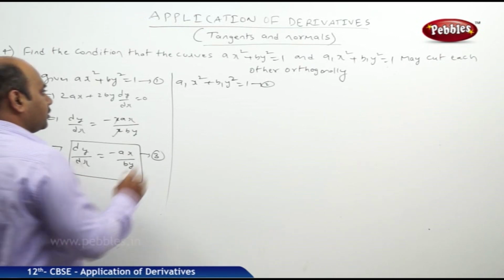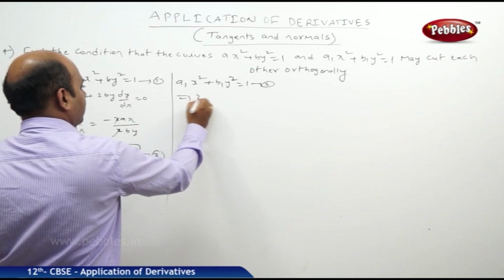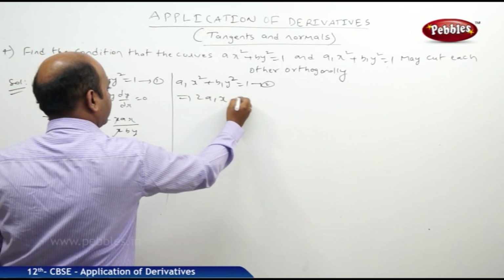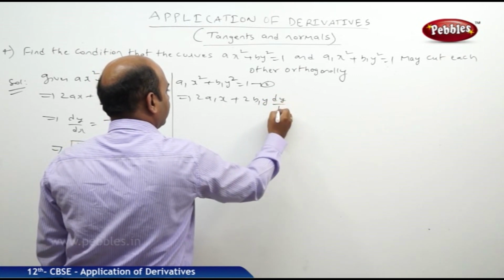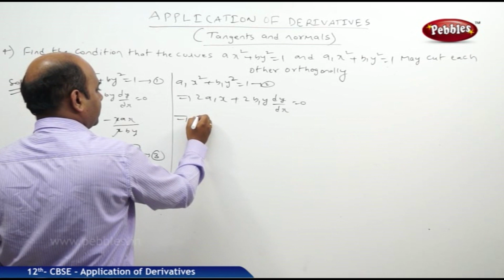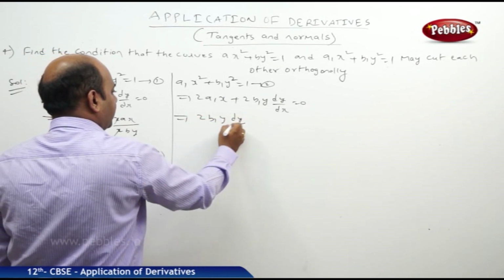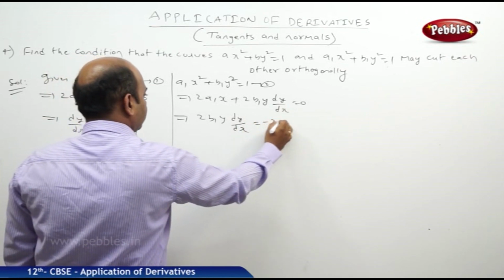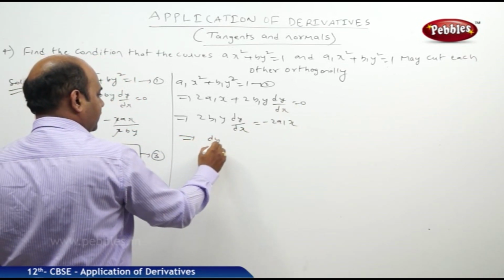So now here also on the same lines, but the constants are different. So 2a1x plus 2b1y dy by dx is equal to 0. That implies what happens? 2b1y dy by dx is equal to minus 2a1x. 2 will be getting cancelled.